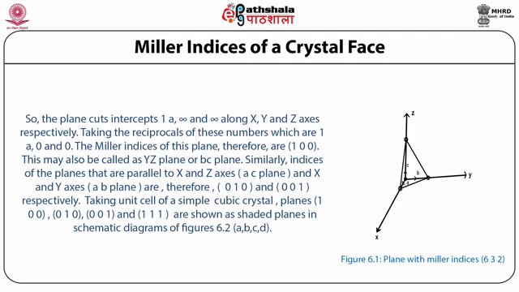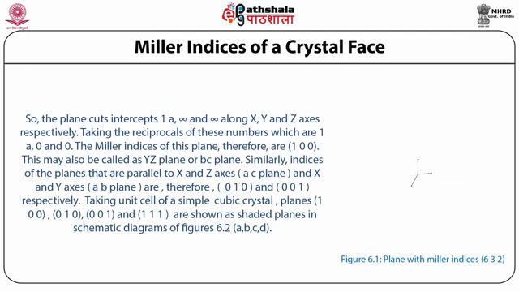Taking the reciprocals of these numbers, which are 1/a, 0 and 0, the Miller indices of this plane are therefore (1 0 0). This may also be called the YZ plane or BC plane.